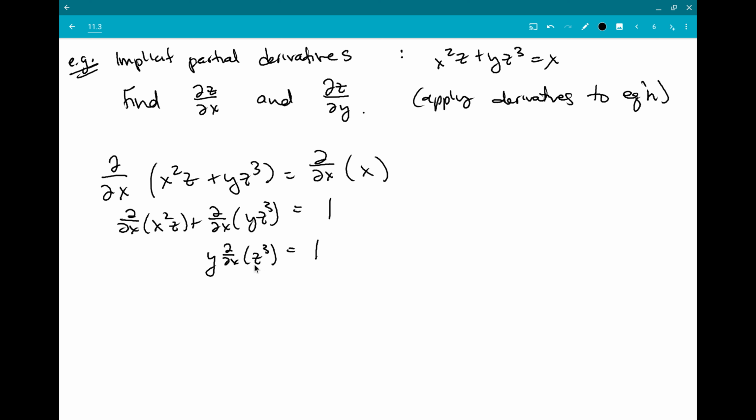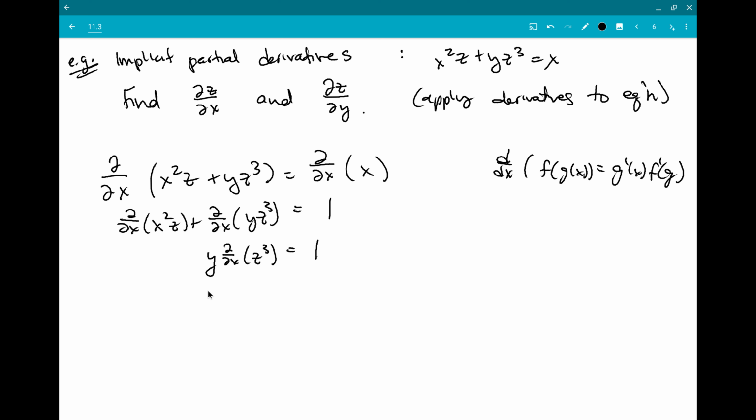Now this is the part where it gets a little bit tricky. z depends on x, so I'm going to have to use a chain rule here. You know, your d dx of f of g of x tells you it has to be g prime of x, f prime of g, like that. So here my quote f is z, and then on the inside is x.